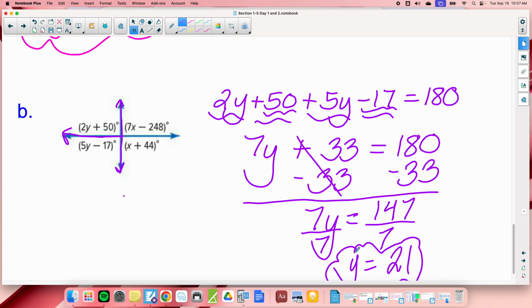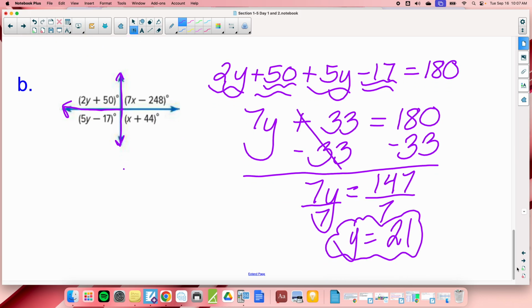Now, unfortunately, we're not done yet, okay? We found y. I still have to find x. Notice that these two with x's also form a straight line. If they're a straight line, that means they're a linear pair, and that means they add up to 180.